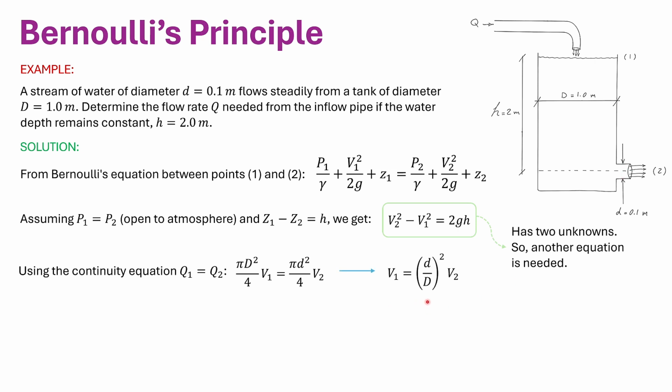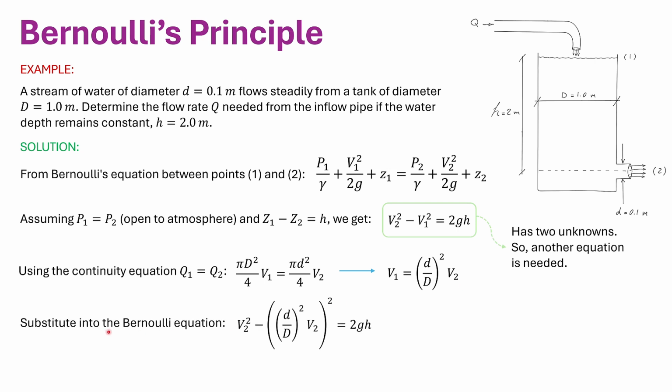So we can write V1 equals small d over capital D squared times V2. So substituting into the Bernoulli's equation, we get V2 squared minus, instead of V1, we put this value inside the parentheses, squared equals 2GH.